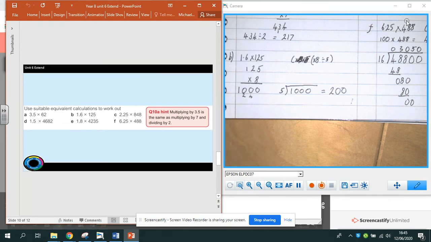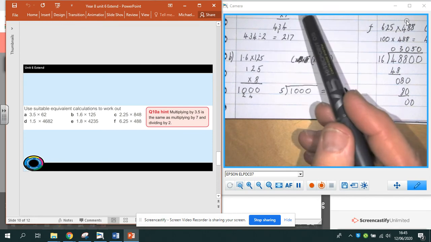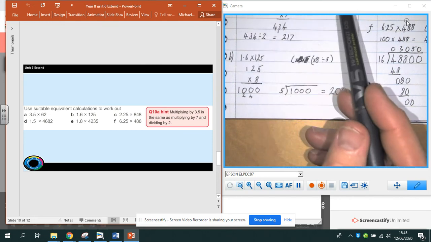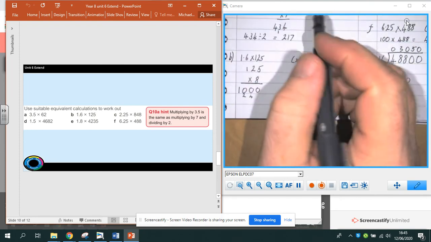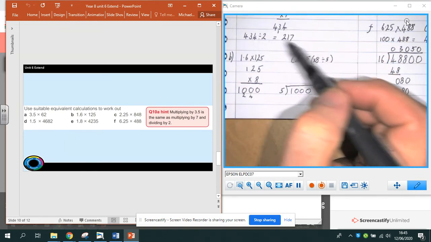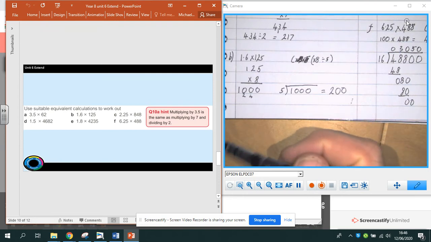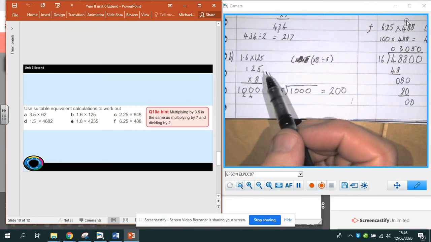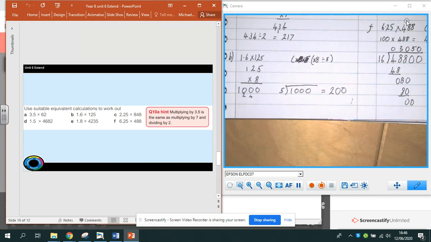Okay, so in my first example, I've been told what to do, so I'm going to do 3.5 times 62, so I'm going to multiply 62 by 7, which gives me 434, divided by 2 gives me 217, so the answer is 217. For the next one, I've got 1.6, so I'm looking for two numbers that I can make 1.6.